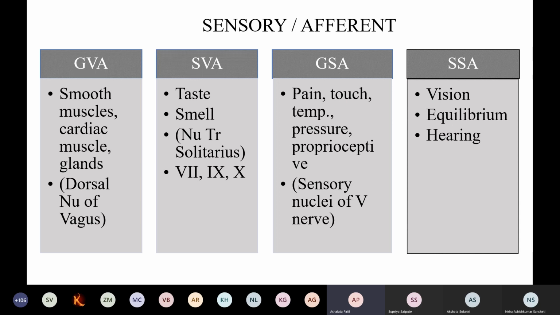So all this general somatic afferent is represented by these 3 sensory nuclei of the trigeminal nerve. And then special somatic afferent, that is concerned with vision and equilibrium. So that is the 8th nerve, it will have special somatic afferent. And the optic nerve and olfactory nerves actually don't have nuclei. These are the exceptions among the cranial nerves.